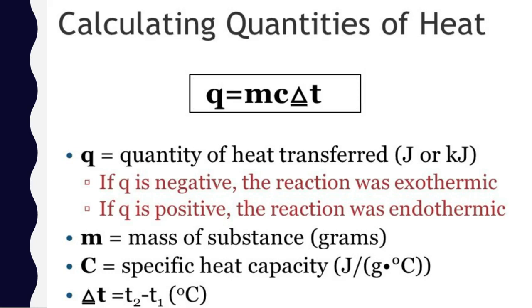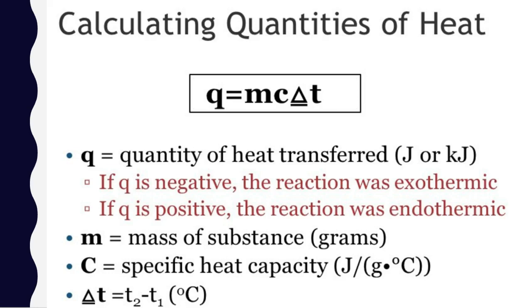So it is how much heat is being transferred to the substance that we are heating, and in this case it was water. If Q is negative, the reaction is exothermic, and if Q is positive, the reaction is endothermic. So you're going to need to know that if heat has been released, your Q will have to be negative.